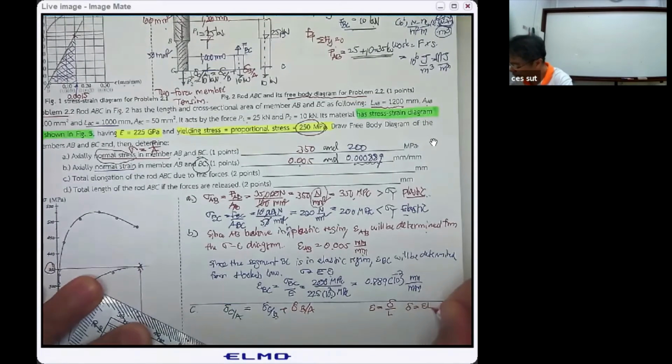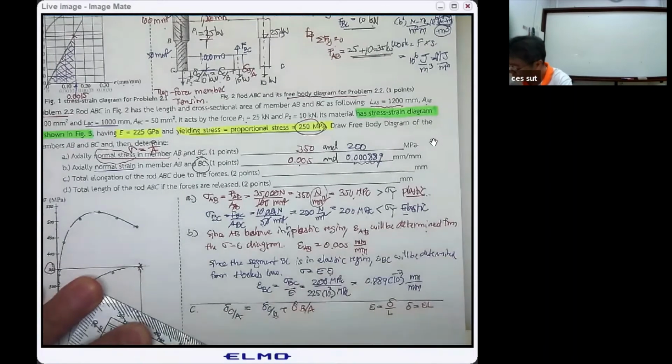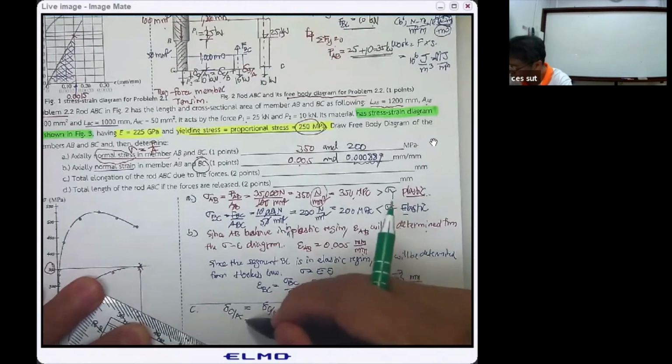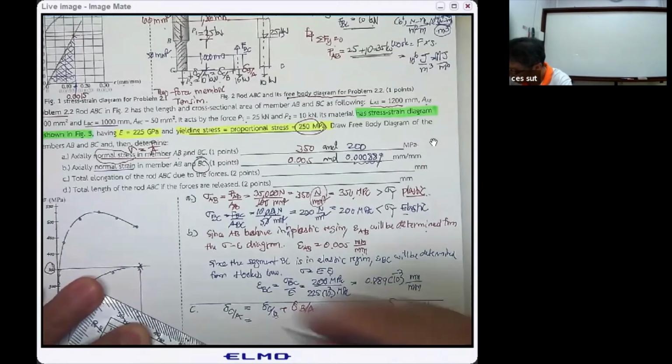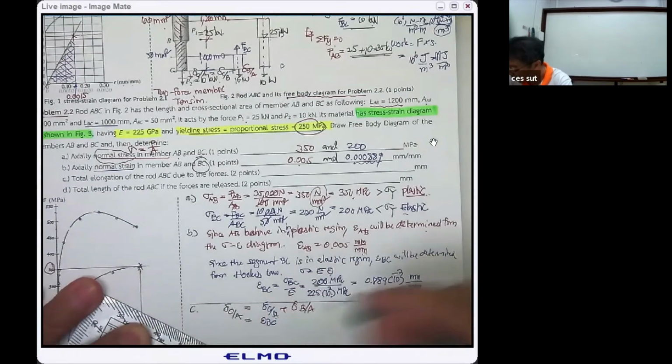So by doing this, this is going to be equal to the strain of BC times the length of BC, plus the strain of AB times L sub AB.